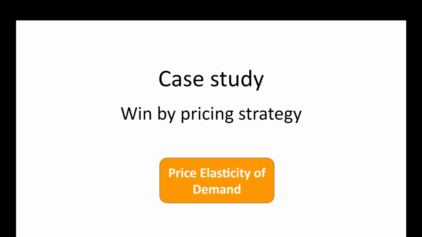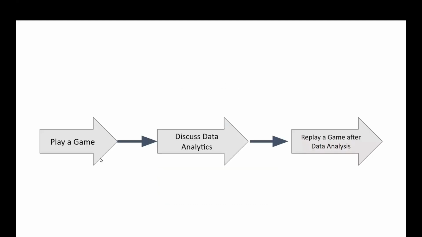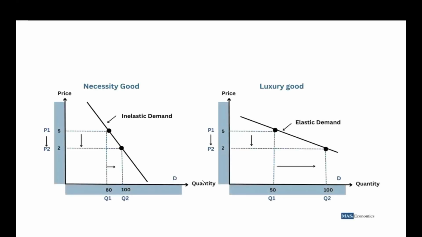We want to understand the concept of price elasticity of demand. So this is the workshop for today. Focus on the price elasticity of demand. What we're going to do is discuss data analytics. This is the price elasticity of demand, right? What does it mean? It means that you increase the price from 2 to 5 and your quantity sold just reduced from 100 to 80 for this product.